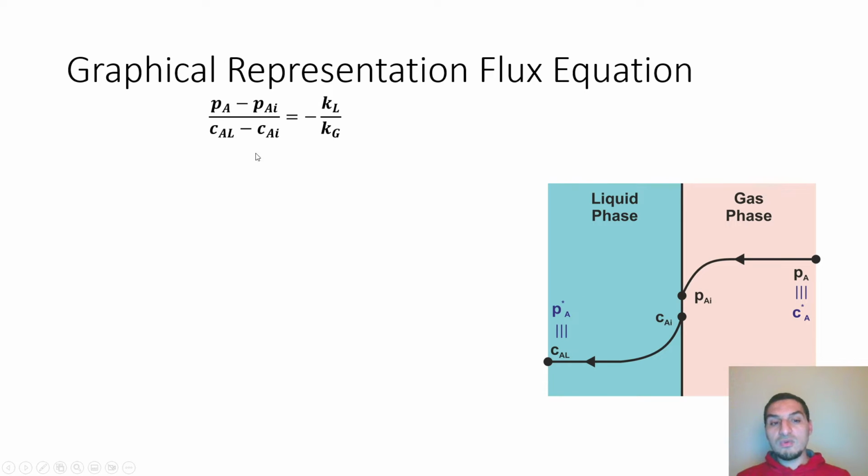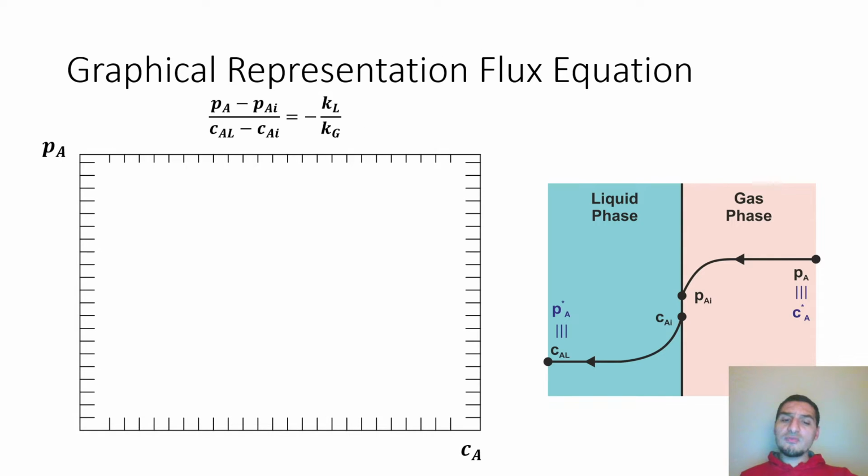This is the equation that we got from the flux balance when we did the balance on the interface. We said that the flux going into the interface equals the flux going out of the interface, and we rearranged the equation to be in the form of the difference between 2 points, delta y over delta x equals slope.